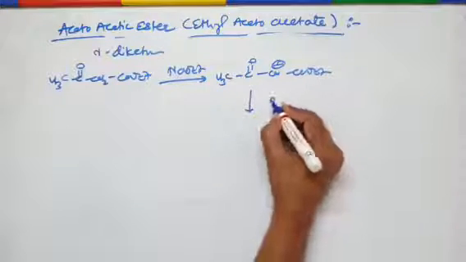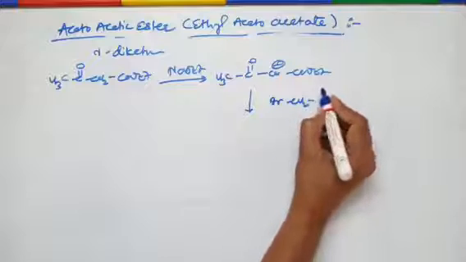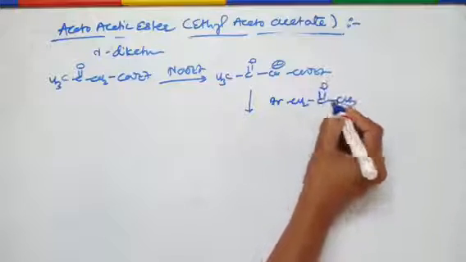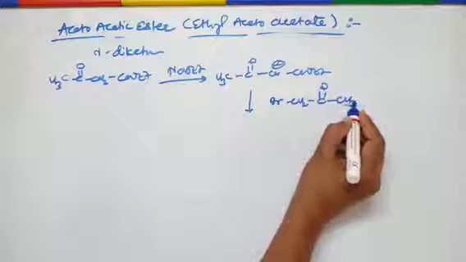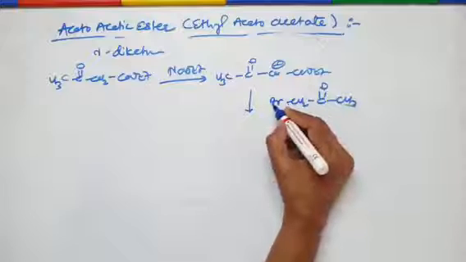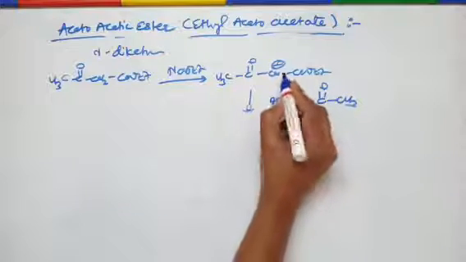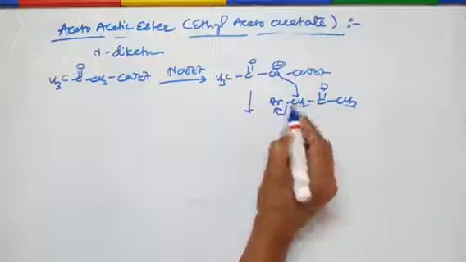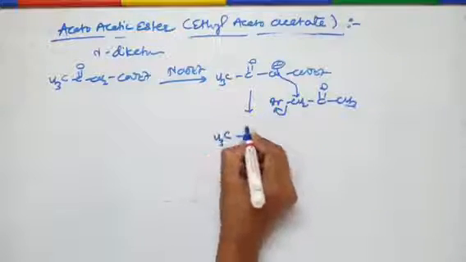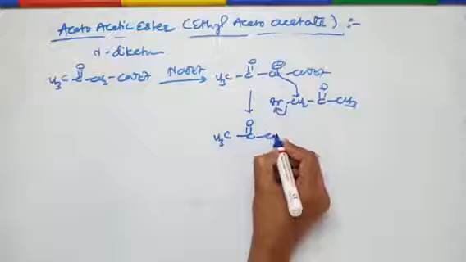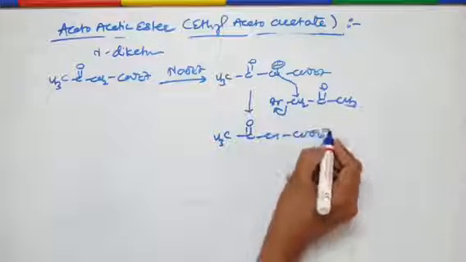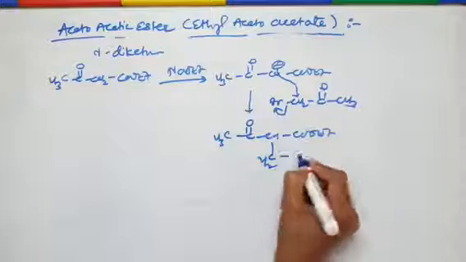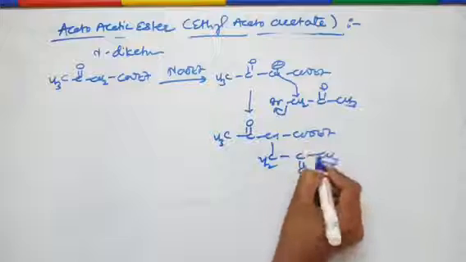So here there is alpha bromoacetone, C double bond O CH3. CH3 C double bond O CH3 is the acetone, and one of the alpha hydrogen atoms is replaced by bromine, so it is alpha bromoacetone. It is going to attack on this carbon, bromine leaves, so your product is C double bond O CHCOOEt, CH2 C double bond O CH3.